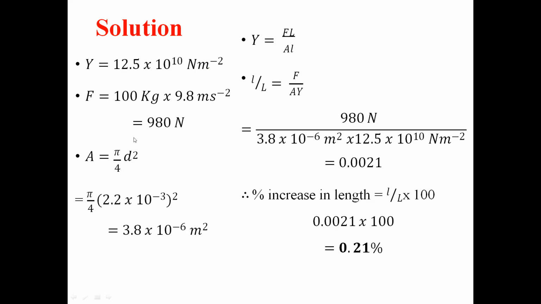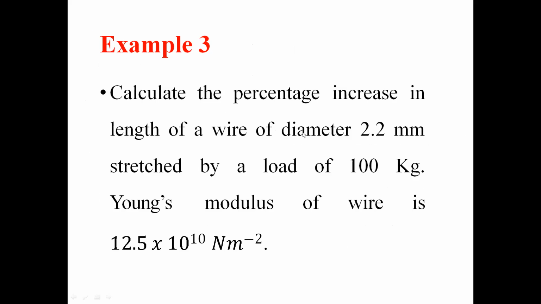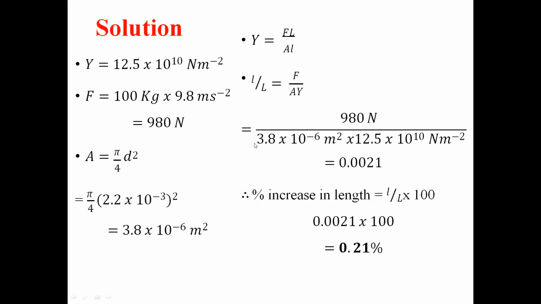For the area, the wire diameter is given. The area formula is pi by 4 d square. Young's modulus is capital F into capital L divided by capital A into small l, which converts to small l by capital L equals F by A into Y. First we will calculate the area.